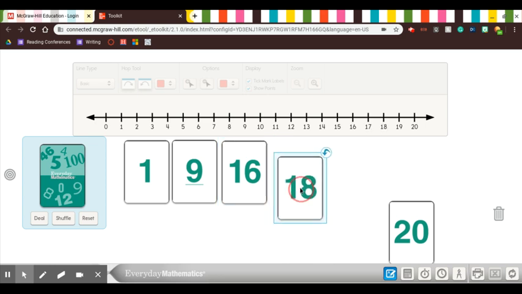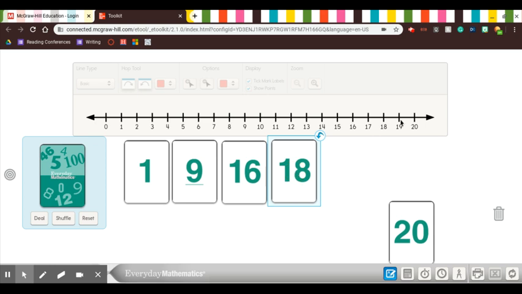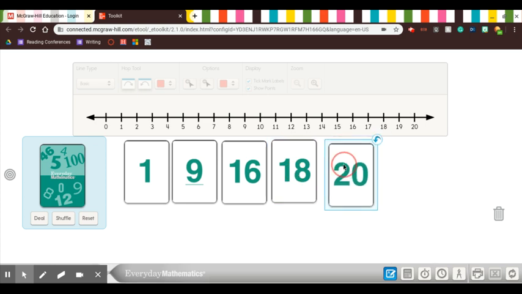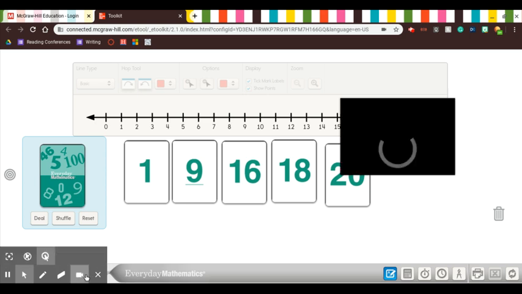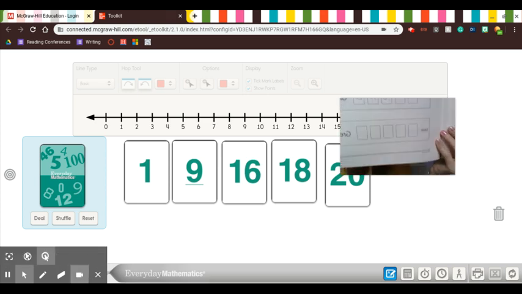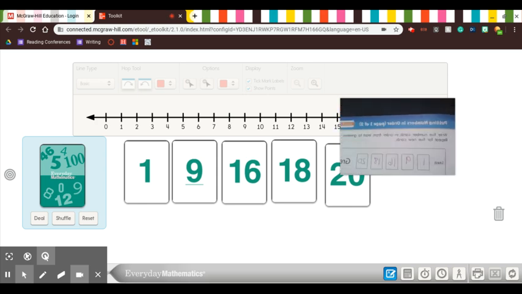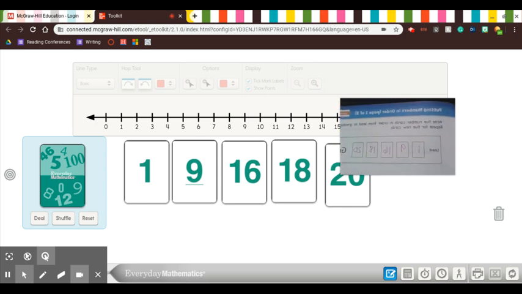Oh, 18's next. 19, 20. All right, we put these in order from 1 all the way to 20. And you should have written these numbers on your piece of paper. All right, let me show you my paper so you can check. Here's mine. I put them in order: 1, 9, 16, 18, and 20.